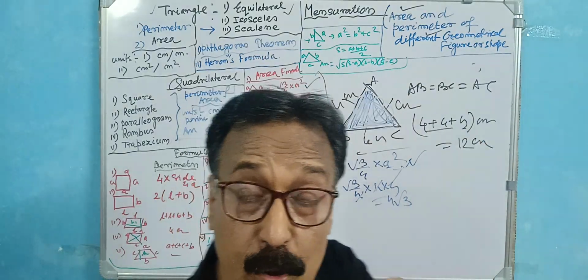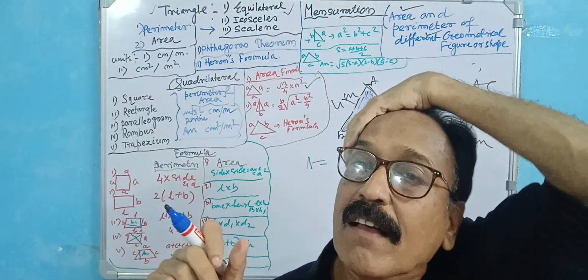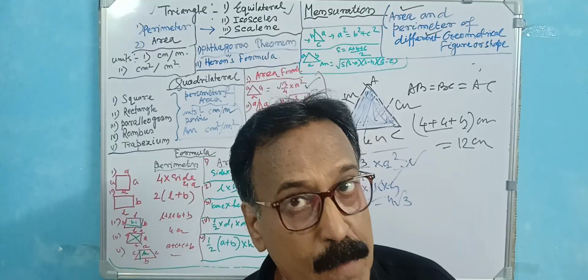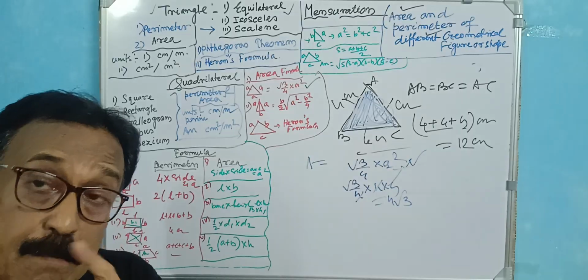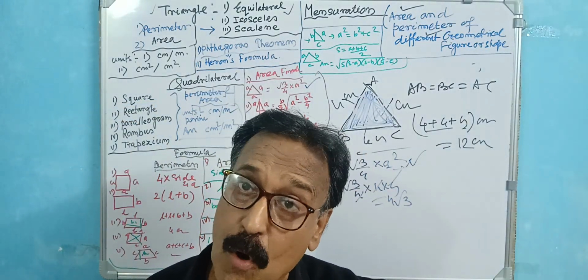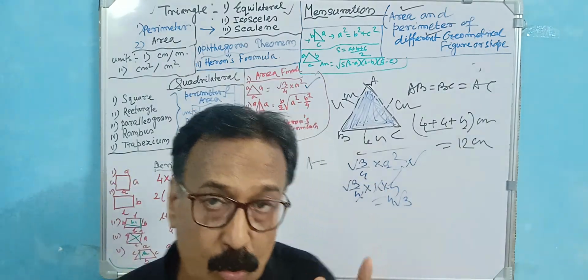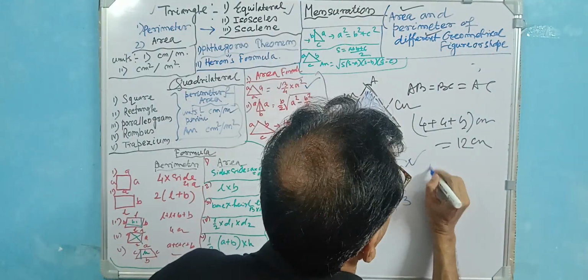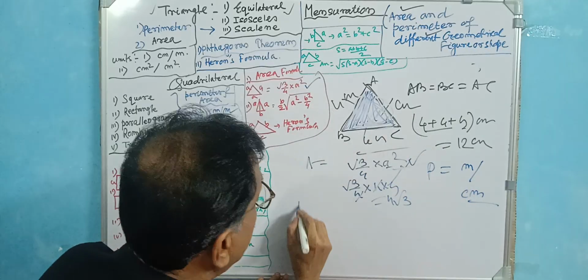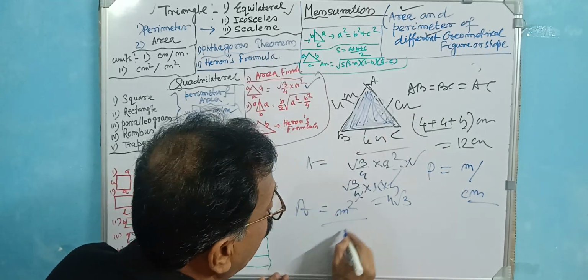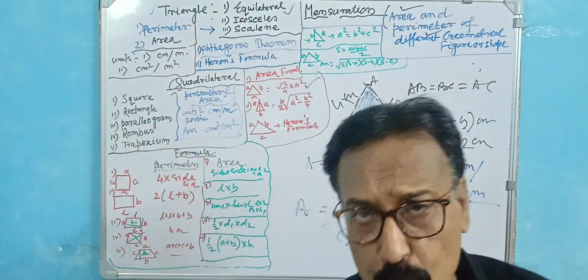But for area, the unit is always centimeter square or meter square. For perimeter, the unit is meter or centimeter. That is very important. Unit is very important in calculation and the answer. Each and every time I repeatedly say, in case of perimeter, the unit is meter or centimeter, but in case of area, always meter square or centimeter square, or kilometer square and other larger units.